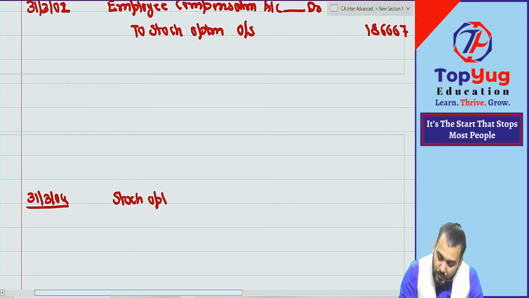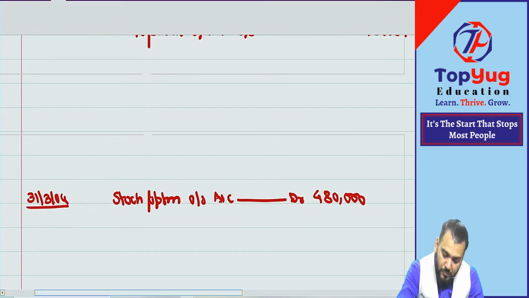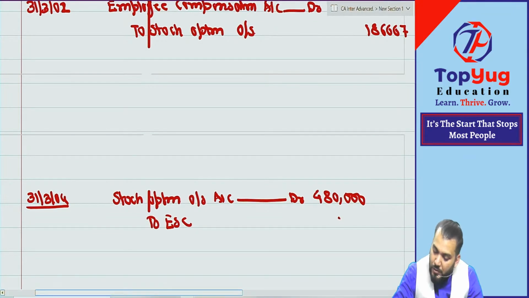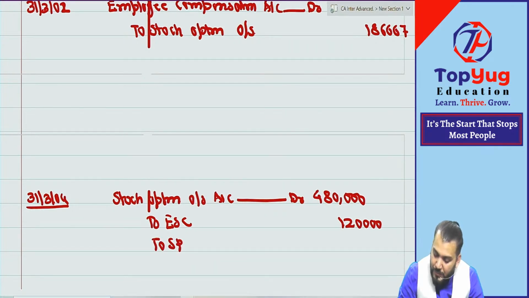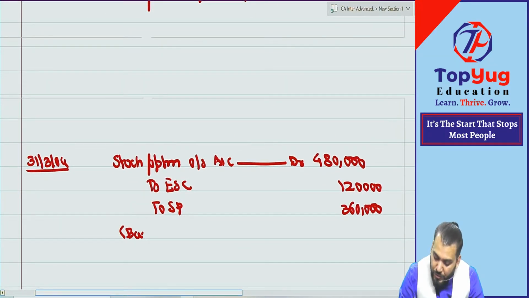Stock option outstanding account debit 4 lakh 80,000, to equity share capital 12,000 into 10 and to securities premium, the balancing figure, 3,60,000, being options exercised. You can end up being 12,000 options.